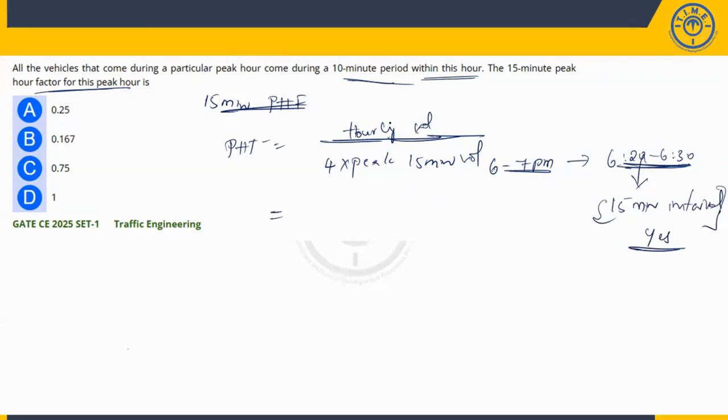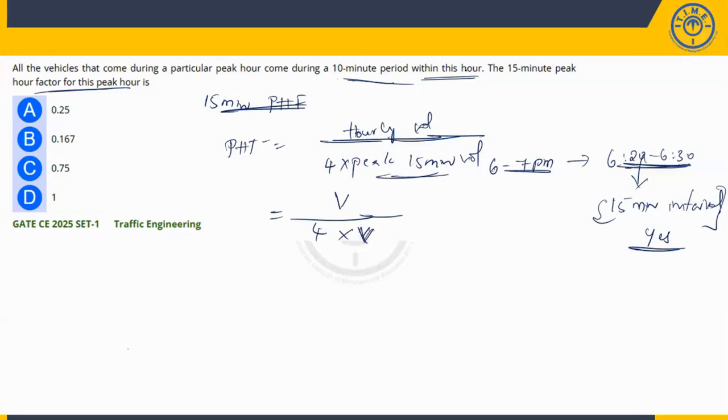Therefore, peak hour factor is hourly volume, let it be V, by all traffic that comes in this 10 minutes, that is in this 15 minutes only. So if hourly volume is V, peak 15-minute volume is also V.